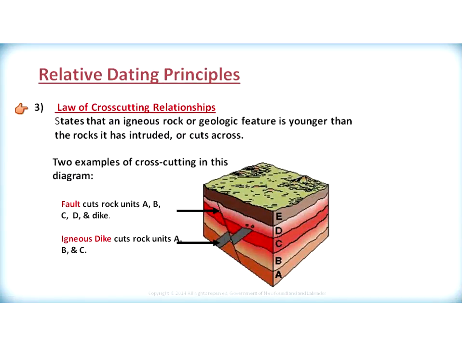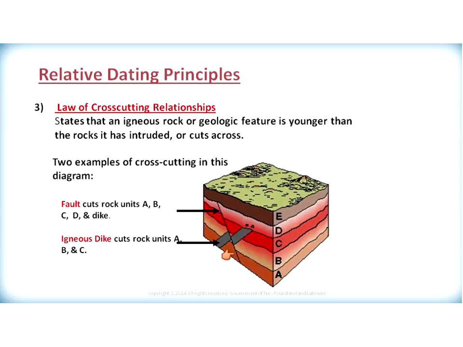Relative dating principle number 3 looks at the law of cross-cutting relationships. The law of cross-cutting relationships states that an igneous rock or geologic feature is younger than the rocks it has intruded or it cuts across. Two examples of cross-cutting are seen in this diagram. We can look at faults, and in the diagram we see a crack or a black line that moves in the upward and left direction.